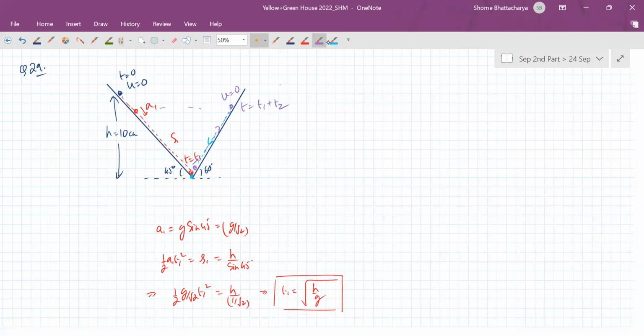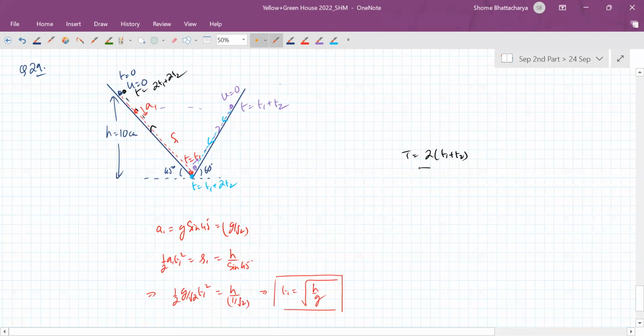When it's back over here, the time will be T1 plus 2T2. And then as it comes back going up like this, the time will now be 2T1 plus 2T2. So the time period of the motion is 2 of T1 plus T2. T1 you already calculated, so now we need to calculate T2.